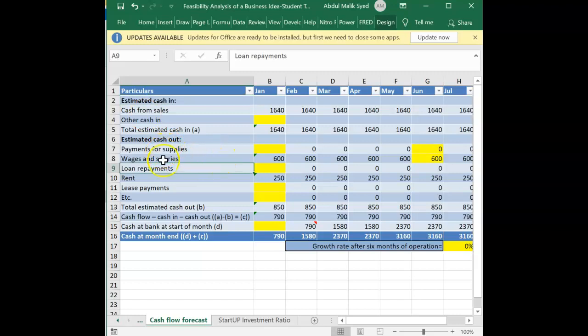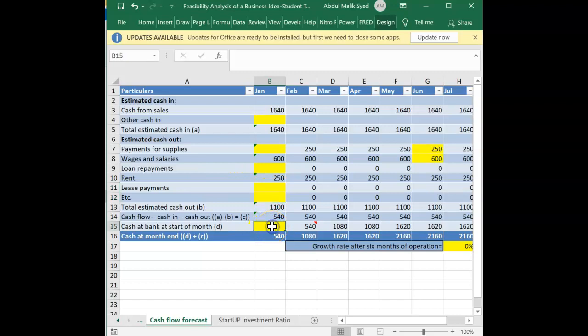Estimated cash out is payment for suppliers. So suppose we are paying $250 every month, we require $250. Then loan we don't have, right? But if you want, you can put it. Lease payments are also not there. Whatever you want, you can put it.